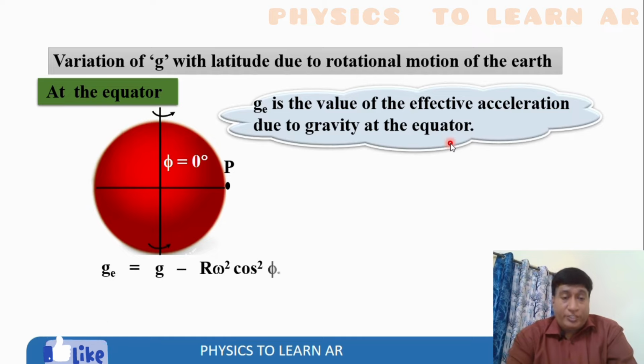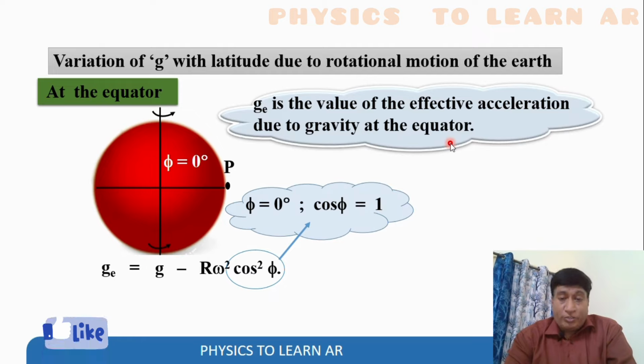So GE is equal to capital G minus r omega square cos square phi. We know cos 0 is nothing but 1, and cos square 0 is also 1. So phi is equal to 0, cos phi is equal to 1. So GE is equal to G minus r omega square. That means at the equator, the g value will be less.